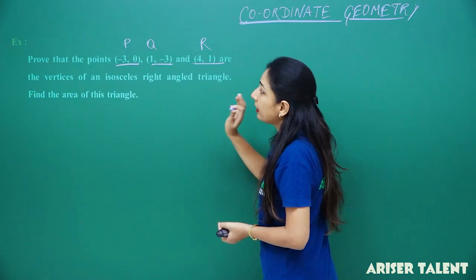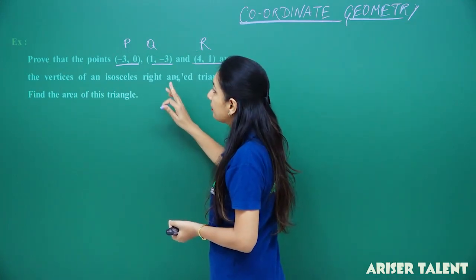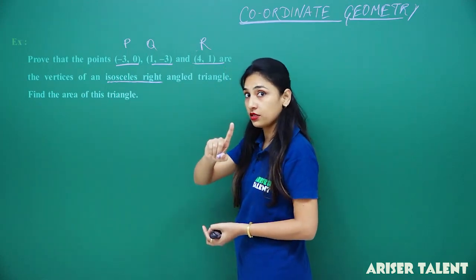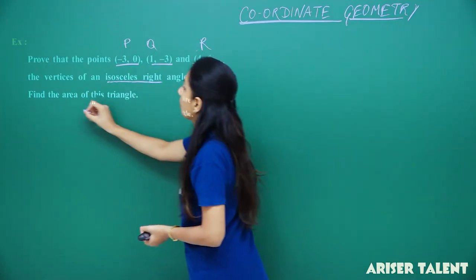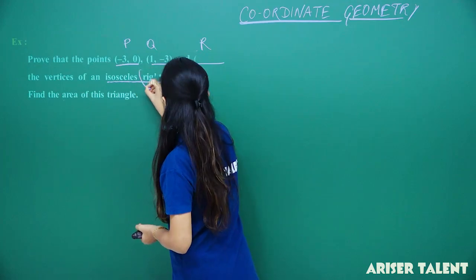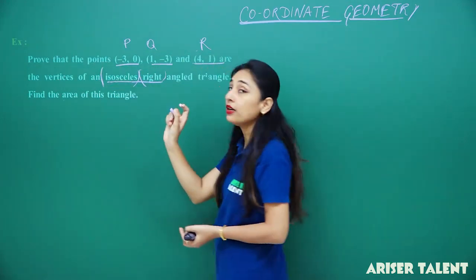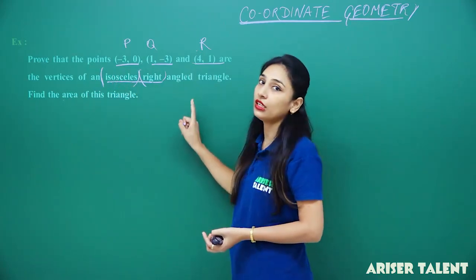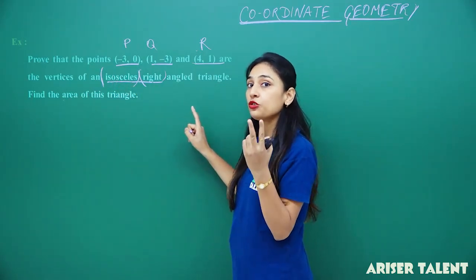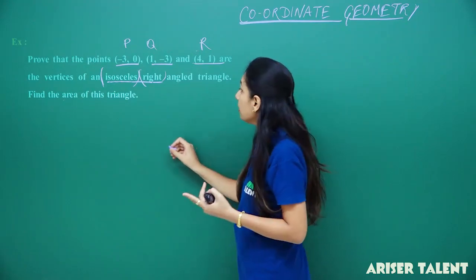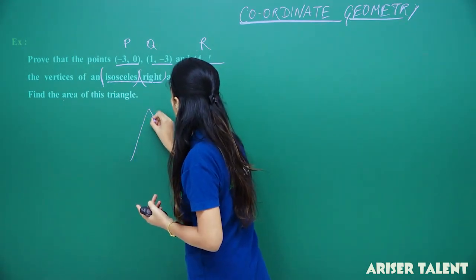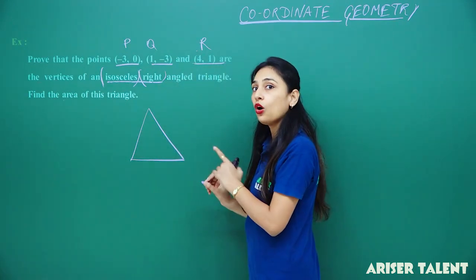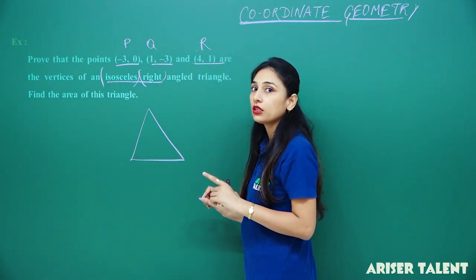Now it's saying that you have to prove that this is first an isosceles triangle, and second a right angle triangle. So these two words are of importance here, isosceles triangle and right angle triangle. Both the conditions should be satisfied. Now what is an isosceles triangle? If this is an isosceles triangle, any two of the sides will be equal to each other.